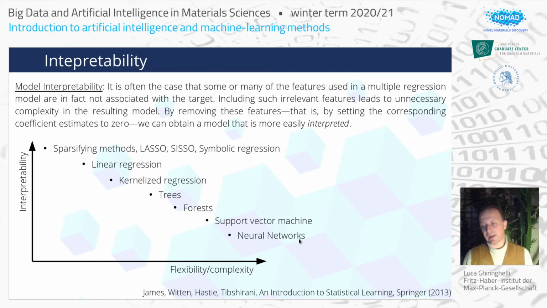I think not everybody agrees with this vision of interpretability, but I thought it was good to conclude the introduction lecture on artificial intelligence and machine learning with this thought-provoking diagram. So I thank you for your attention, and I'm ready to take questions.